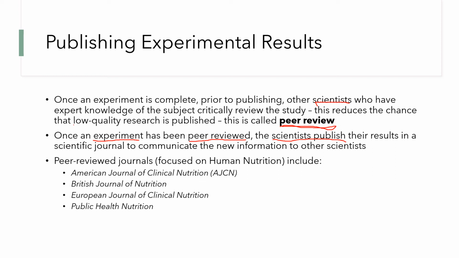You could even just Google peer-reviewed scientific journals, nutrition, and see what comes up. So I want you to refer back to this as often as needed, because certainly throughout the semester, for this week's assignment, and particularly for your project, I do want you to be able to find peer-reviewed research from a reputable peer-reviewed journal.